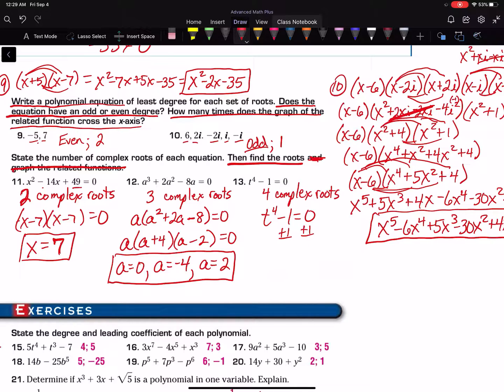So this would be t to the 4th equals 1, and we take the 4th root of 1, and that will actually be plus or minus 1. And technically we get positive 1 twice and negative 1 twice, so we have 4 answers. The positive 1 would have a multiplicity of 2, and the negative 1 would also have a multiplicity of 2.